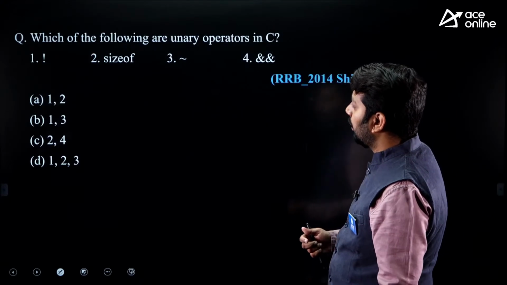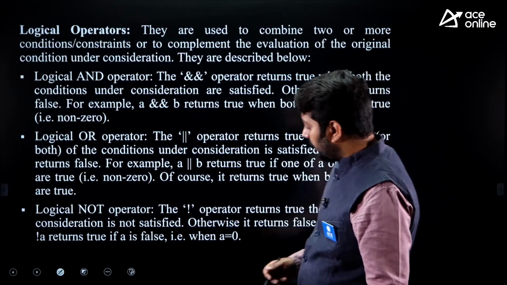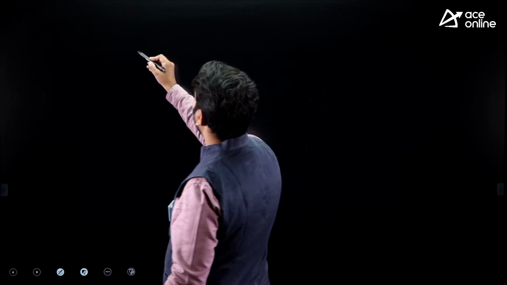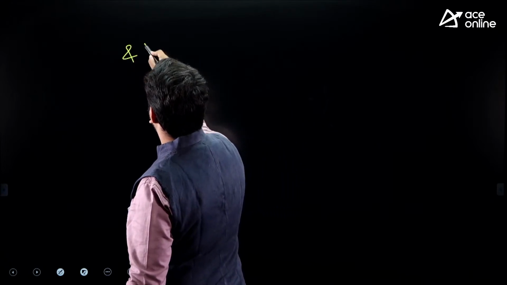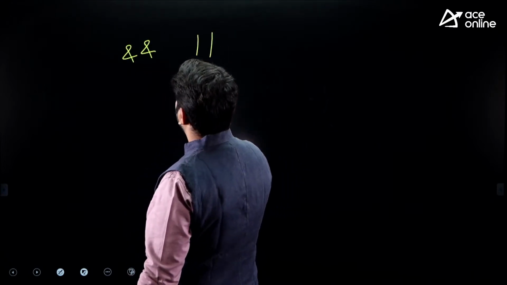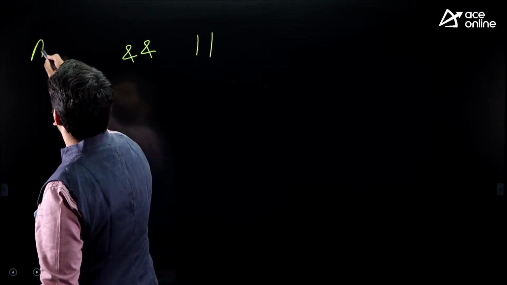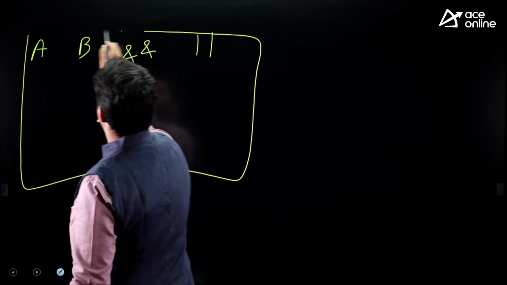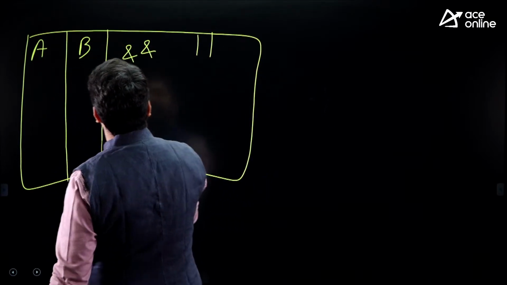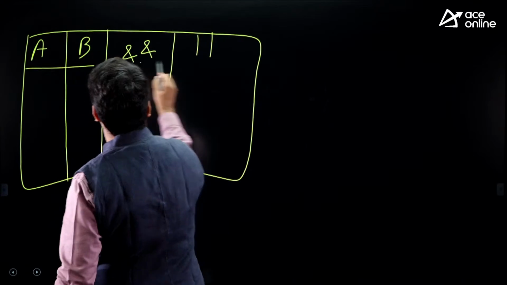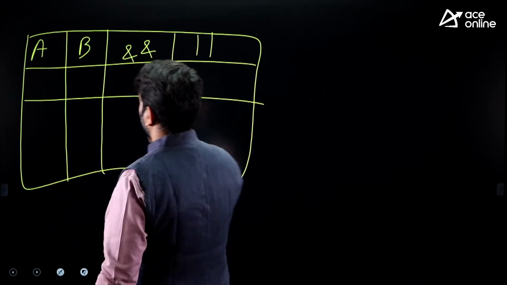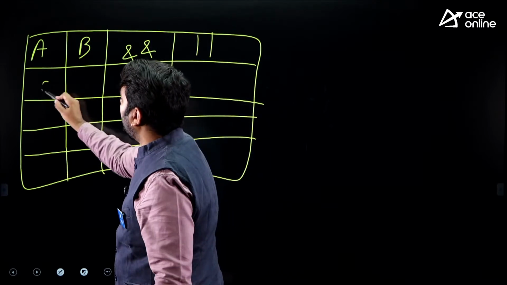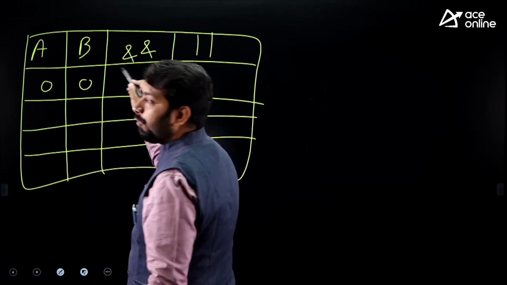So let me show you one thing first. That is the AND operator, that is the OR operator. Let's see what kind of output we can get if we have two operands. If A is 0, B is 0, what will happen?